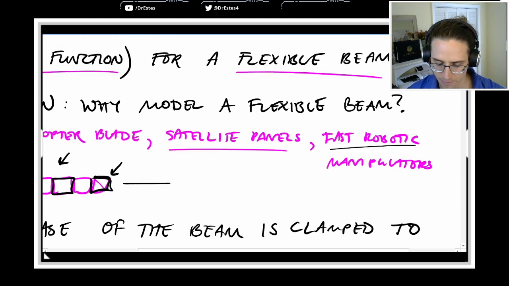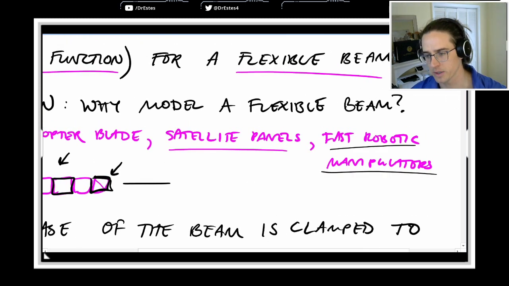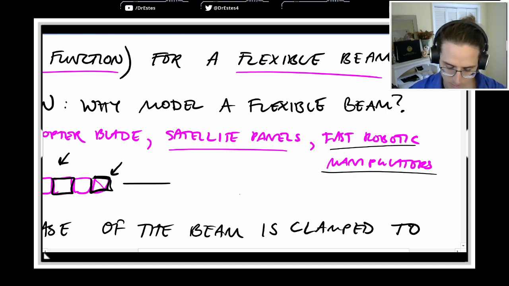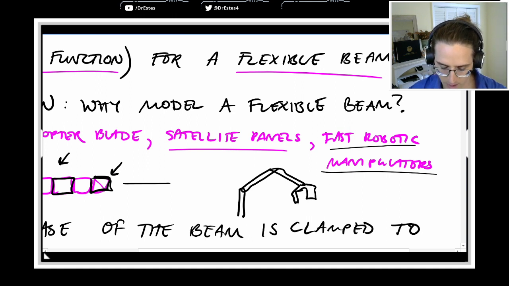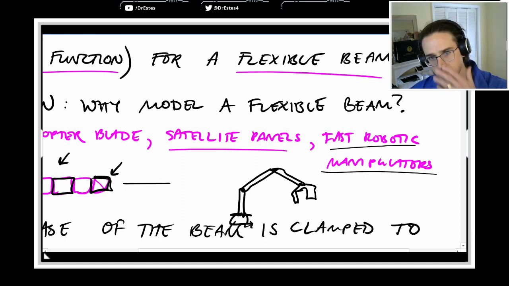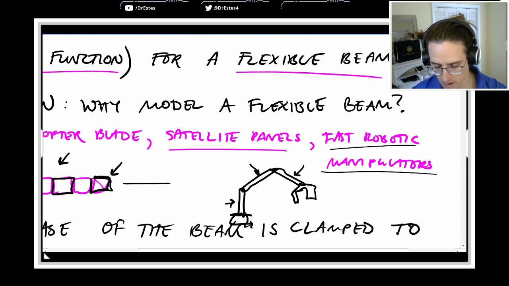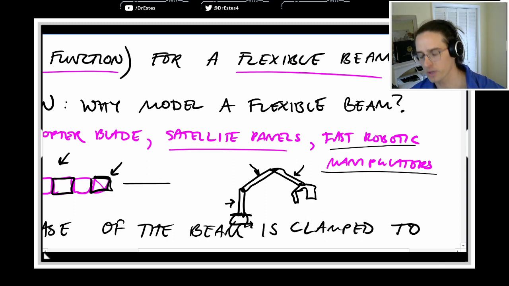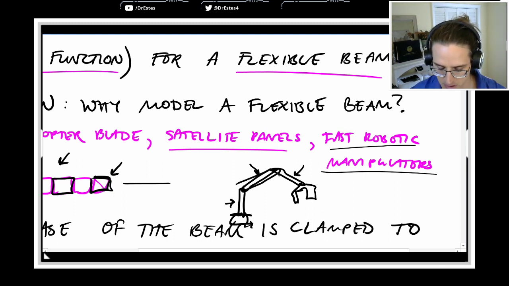Oh yeah, but I was going to say fast robotic manipulators. So a robotic manipulator, typically we're talking about a robot with a couple links here. So maybe it's mounted to something. But as we make these robots faster, we also tend to make them out of lighter and less bulky components for these linkages.